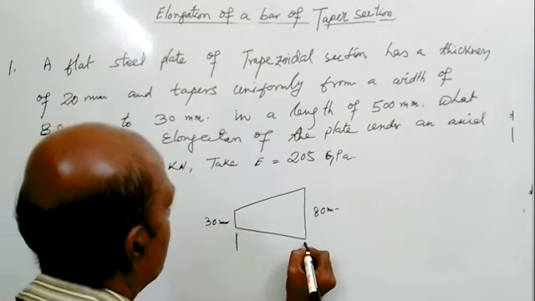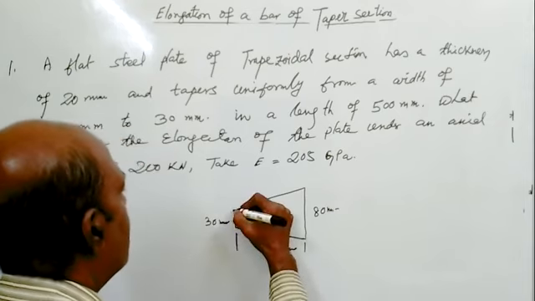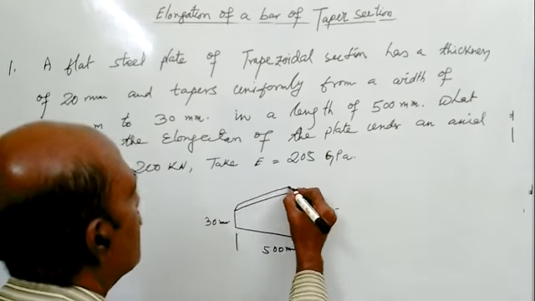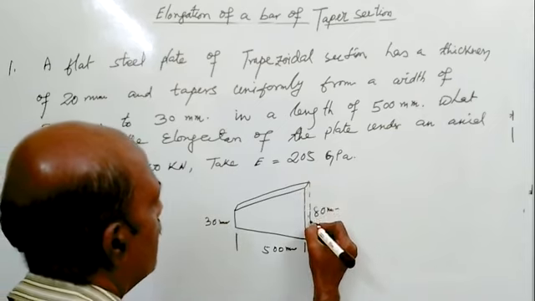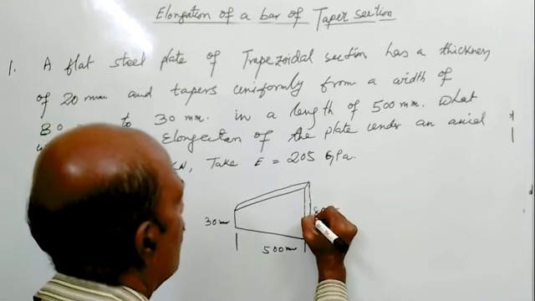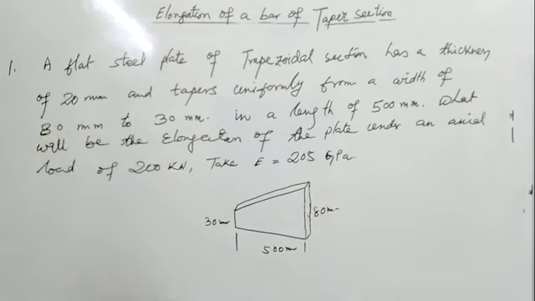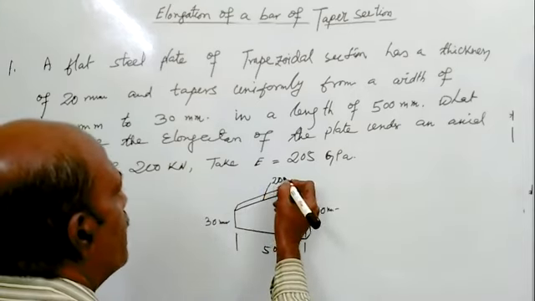The length of the bar is given as 500 millimeter, and the uniform thickness of this bar is 20 millimeter.